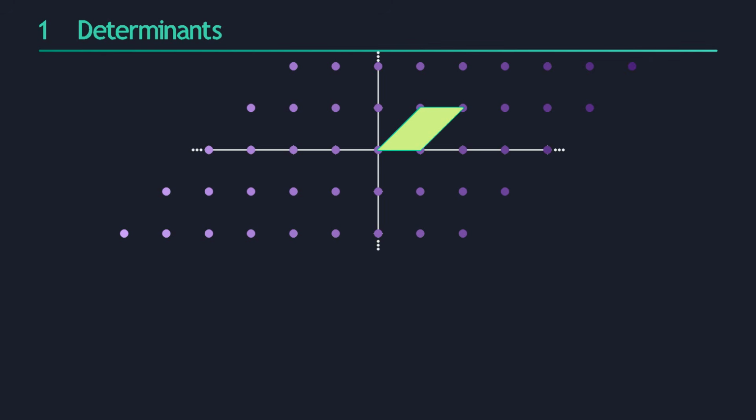That area is called the determinant of the linear transformation. So it's basically the factor by which all areas get stretched. Note that it has a sign. If the determinant is negative, this means that the transformation flips the plane over on its other side.